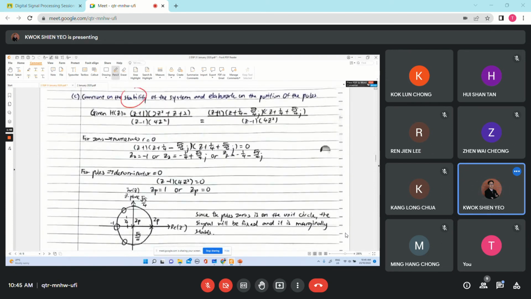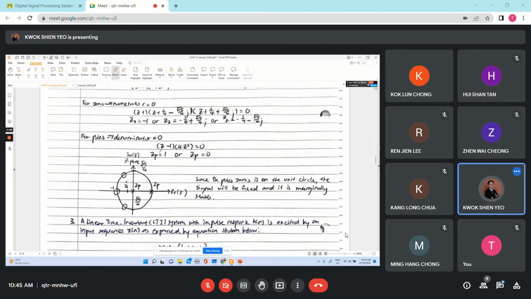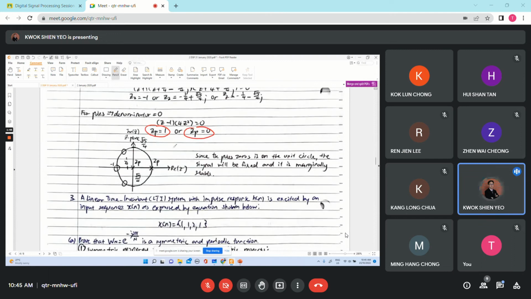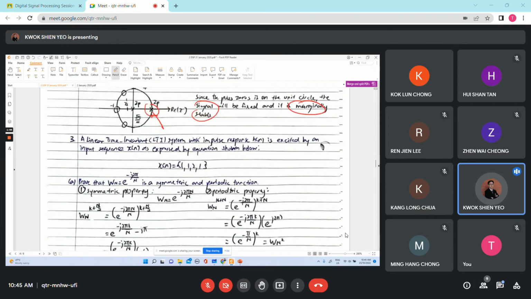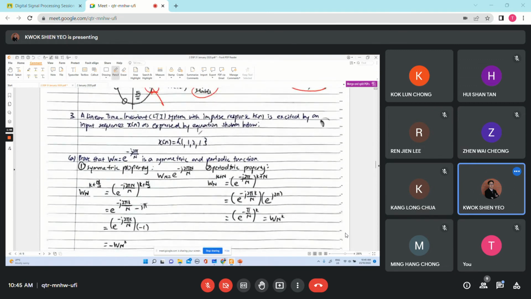And then you found out where the pole is. So this is the pole. Then you found there is a pole at the unit circle, so it is marginally stable. I think your concepts are all right. So that's question number 2.